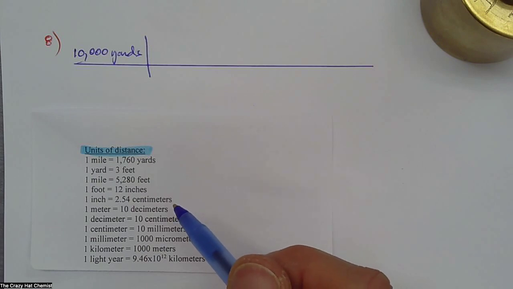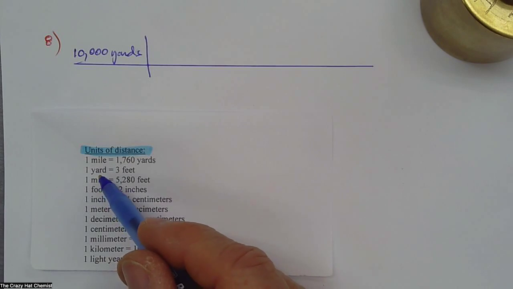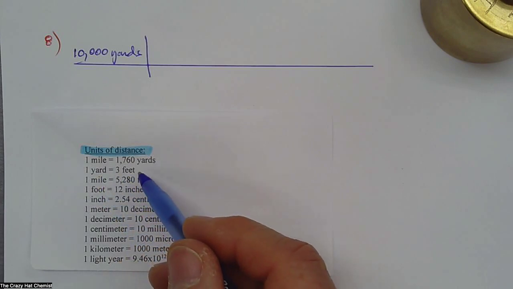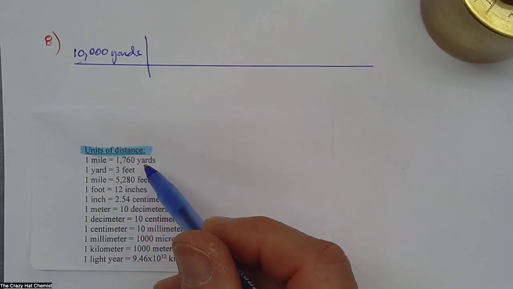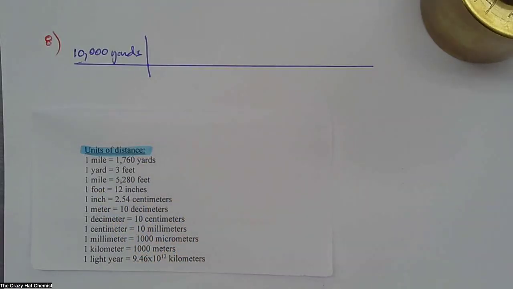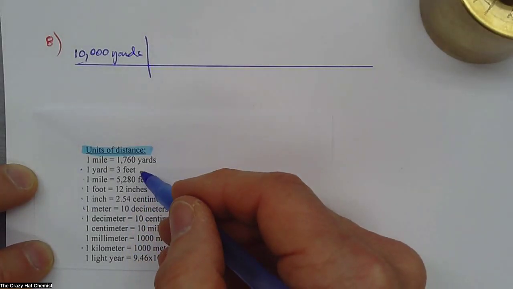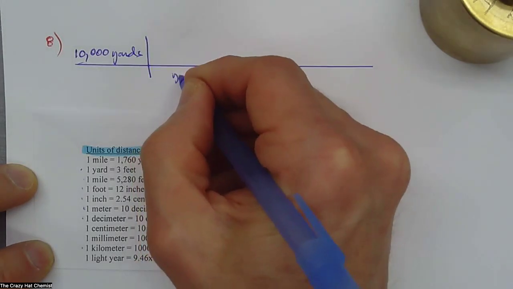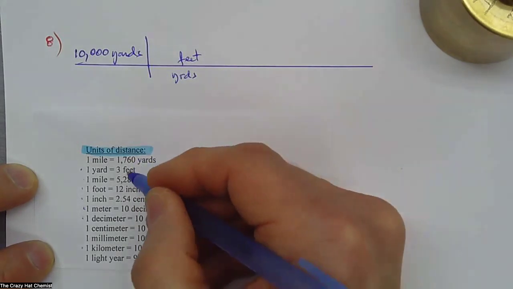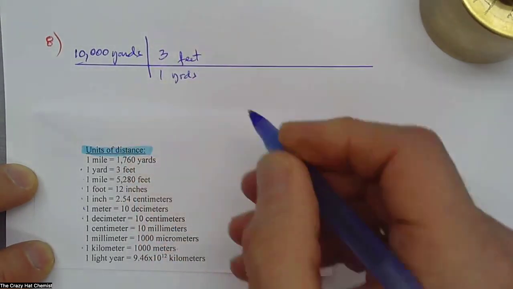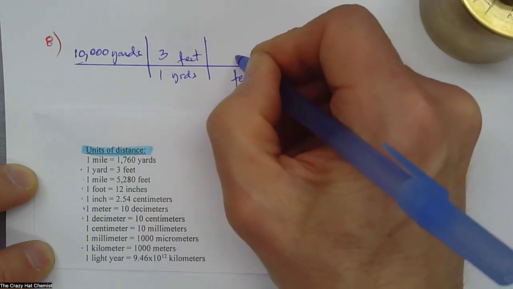Let's see, we're going to go from yards to kilometers. So, yards to feet, and then feet to, let's see what we're going to do here. Okay, so this is what we're going to do. We're going to go from yards to feet. So there's 1 yard, 3 feet, and then feet to inches.